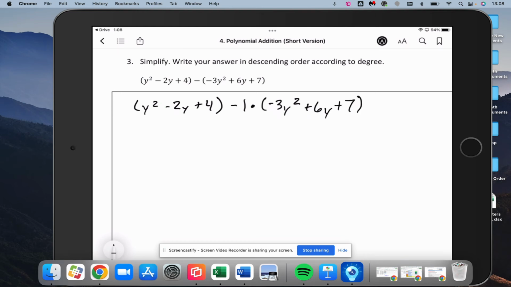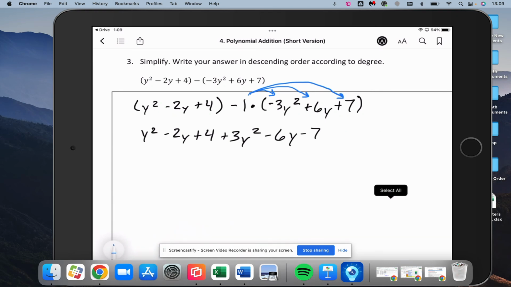And so if I distribute that negative 1 to everything inside the parentheses there, I end up with y squared minus 2y plus 4, and I can just drop the parentheses off. Negative 1 times negative 3 is going to make positive 3y squared. Negative 1 times 6 is going to make negative 6y. And negative 1 times positive 7 is going to make negative 7.